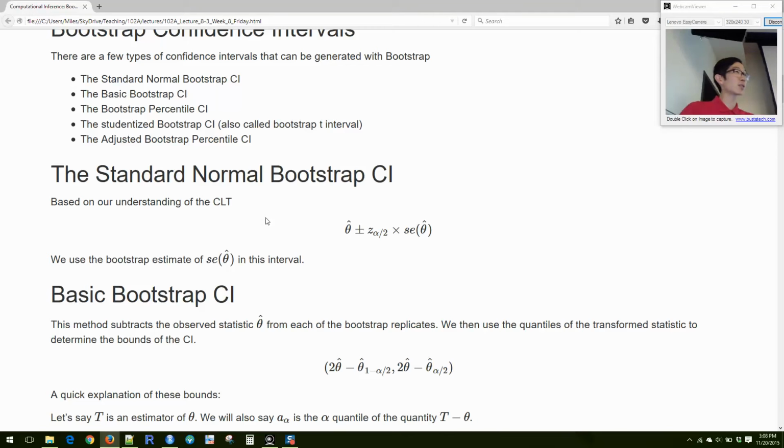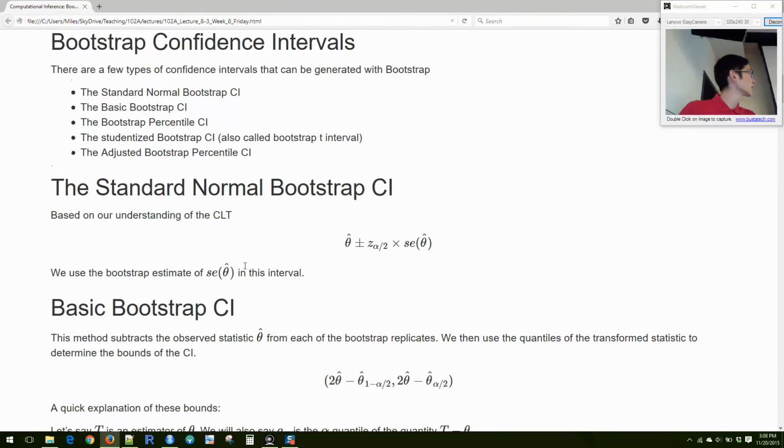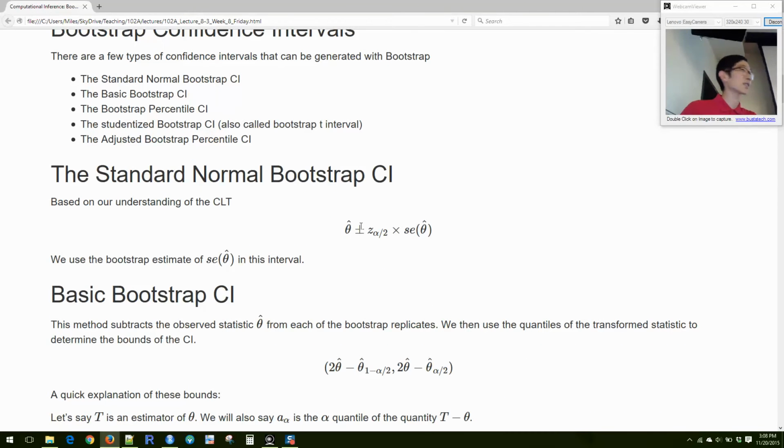Question? Yes, so for this one, the theta hat, is it the true one from our sample or just the bootstrap mean, the mean of the bootstraps? So yeah, this is in our sample of 15. This is the statistic based on that sample of 15. Okay. Now the mean of the bootstrap estimates, if your estimate is unbiased, should be the same as this.